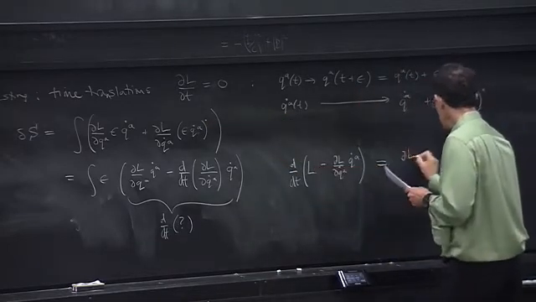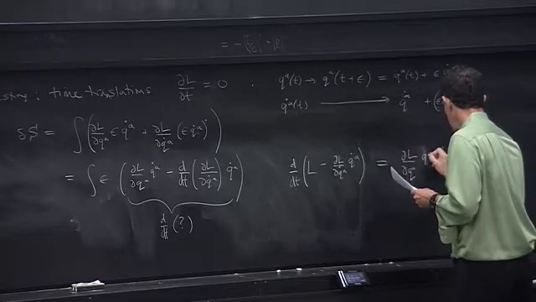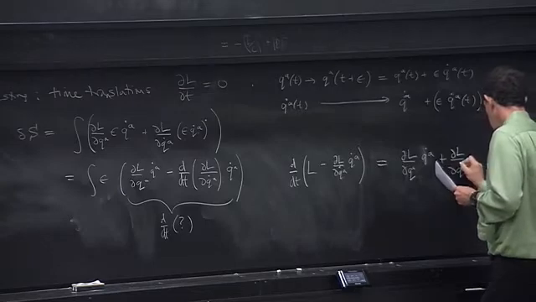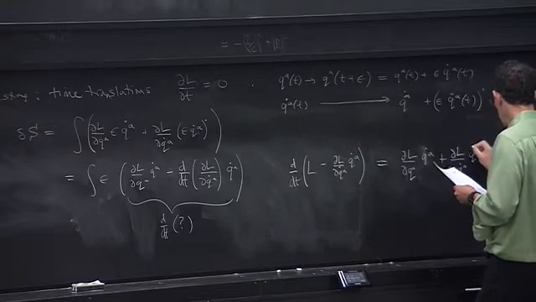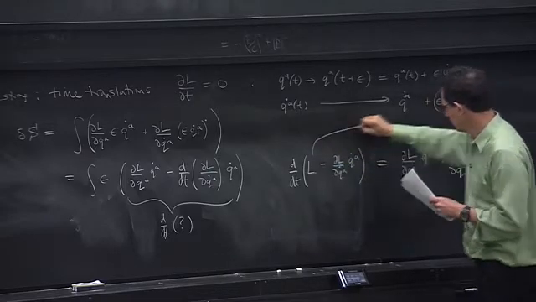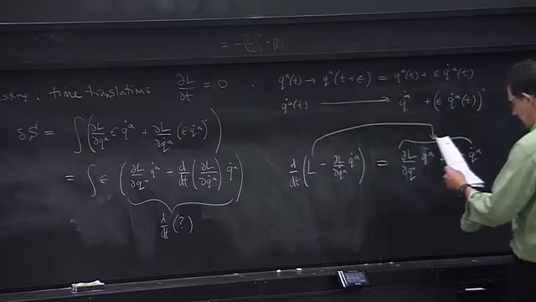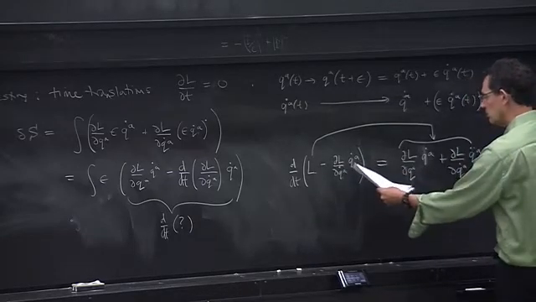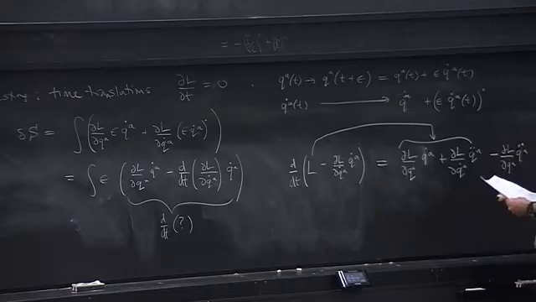So this is dL/dq times q_a dot plus dL/dq_a dot times q_a double dot. That's the first term. For the second term, I get the q_a double dot from here, so I get minus dL/dq_a dot q_a double dot, and bingo, this cancels.